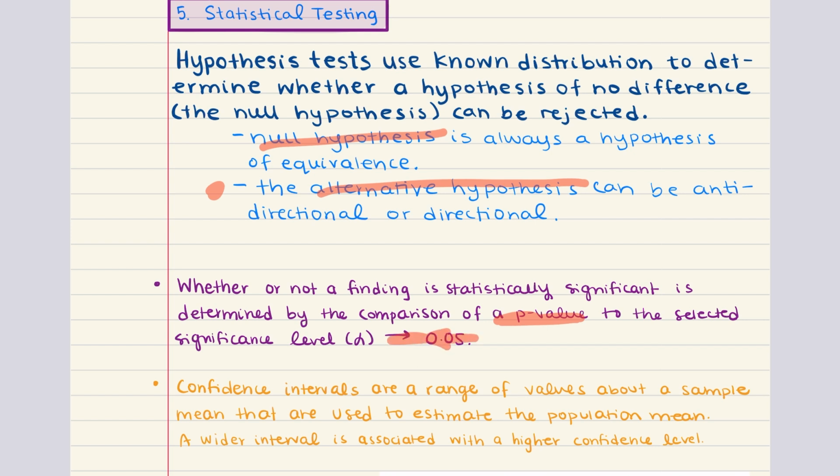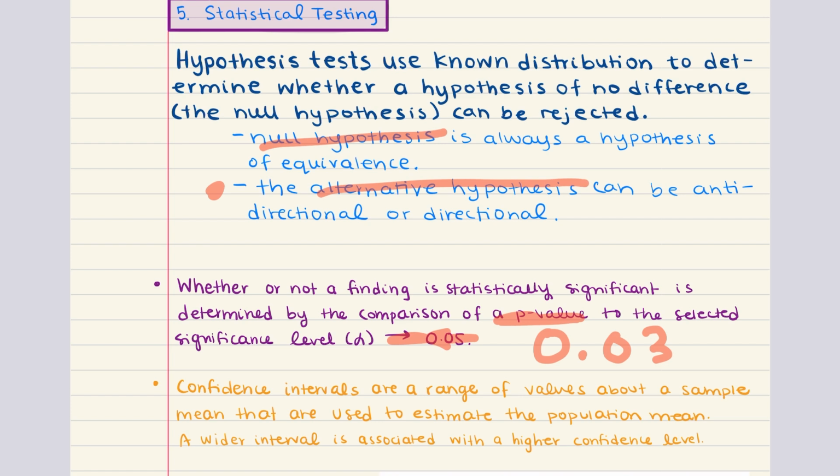If the p-value is less than the significance level, we reject the null hypothesis and we conclude that the results are statistically significant. So for example, if we find a p-value of 0.03, this means that there is only a 3% chance that the observed results occurred under the null hypothesis, and that leads us to reject the null hypothesis.